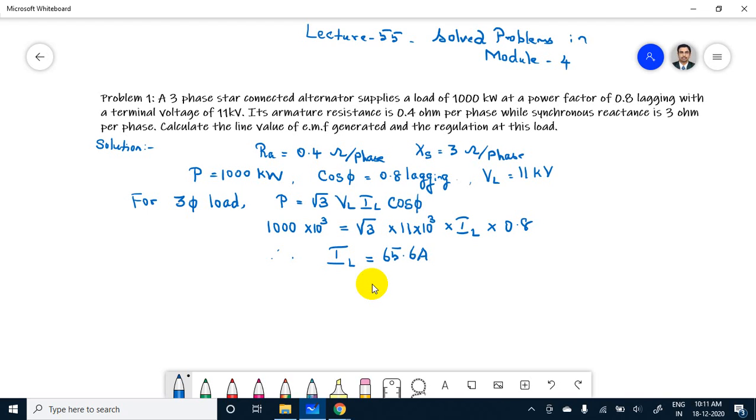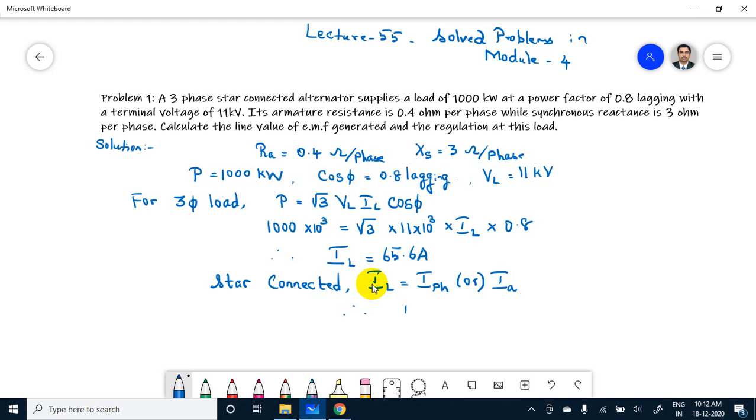Now we go through the problem. It is star connected. So in star connected, the line current equal to phase current. This phase current is nothing but IA, armature current IA.